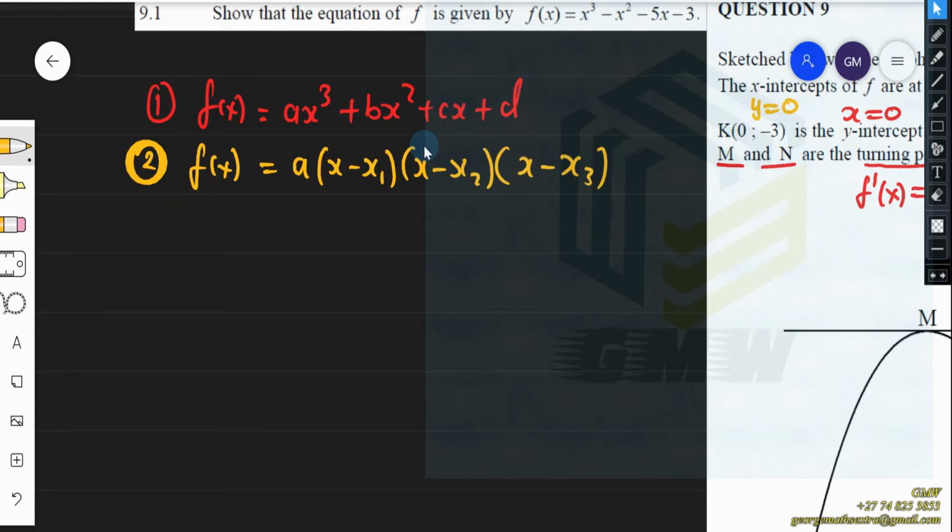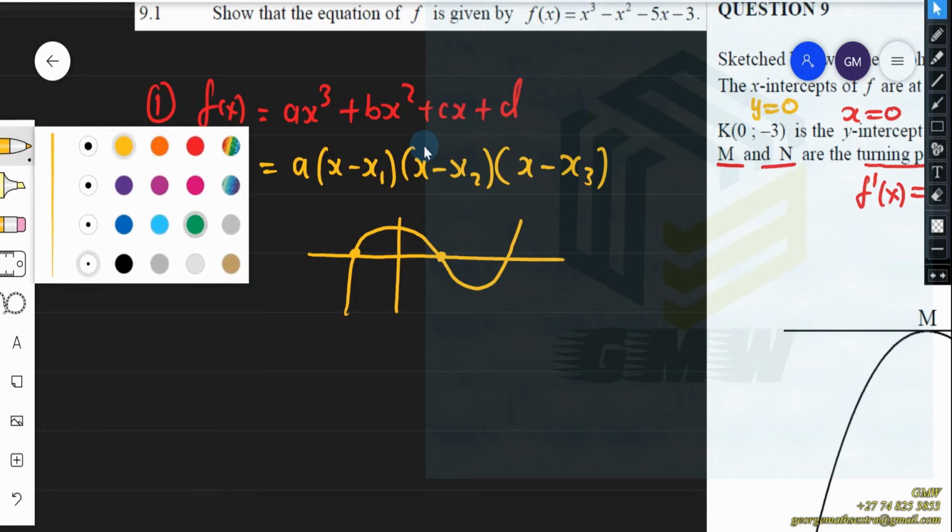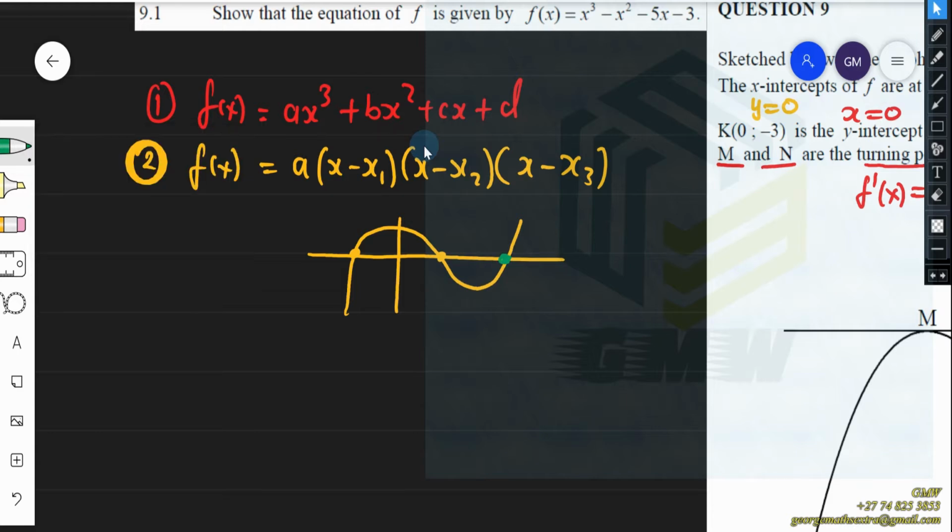This second format works when we are given the three x-intercepts, which will be your x1, x2 and x3.